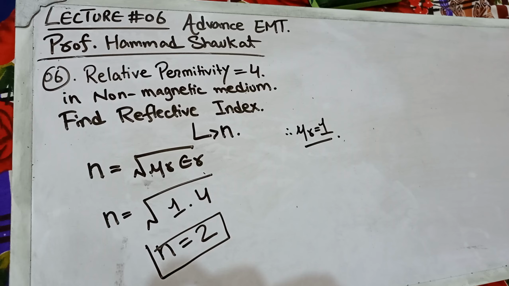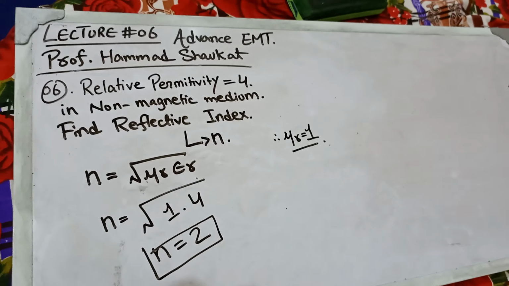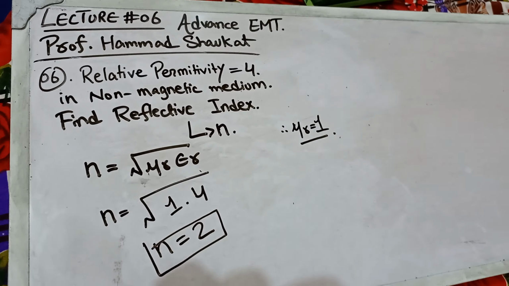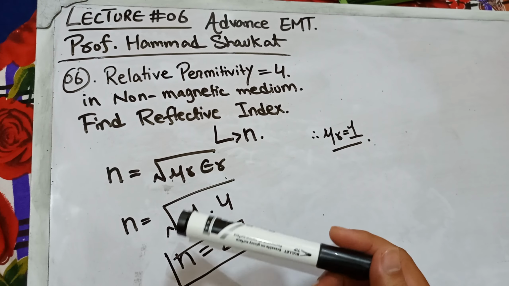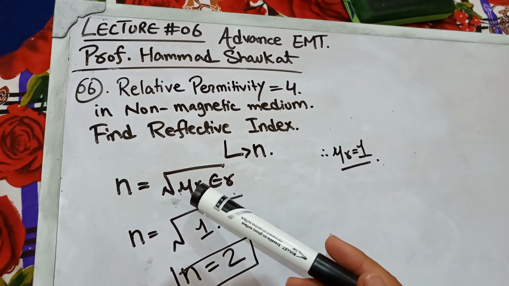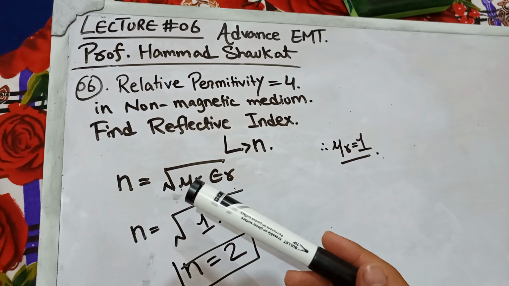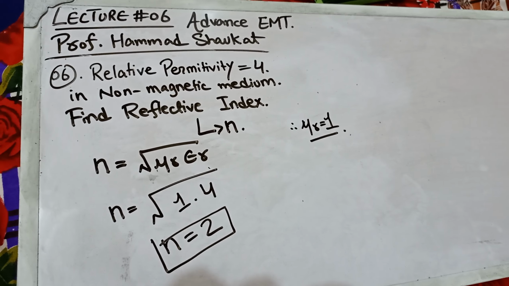So you can see the relationship. This is how you can find the refractive index if either the relative permittivity or the relative permeability is given. So this is our sixth problem.